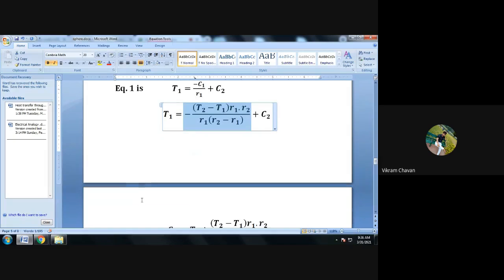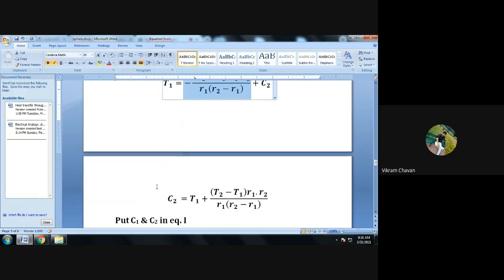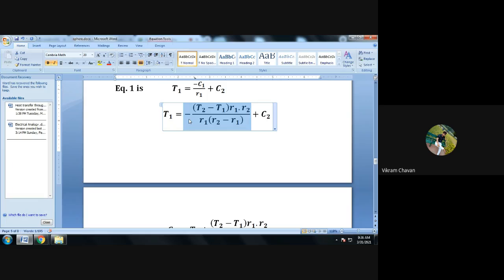Getting everyone? Now we have converted this equation into the form of C2 because we have to determine the C2 value or C2 equation. So C2 is equal to T1 plus, because here the negative sign is there for this particular term. If you shift this term to the other side, it will become plus.